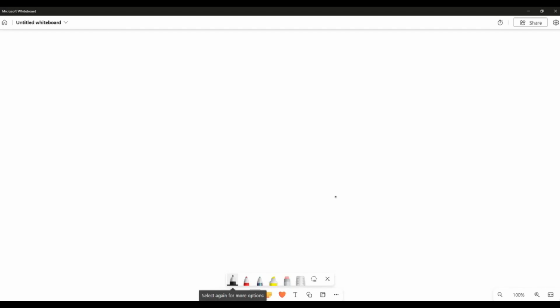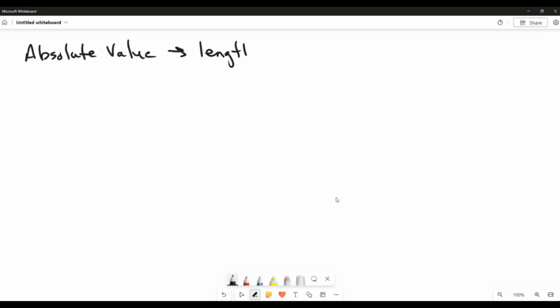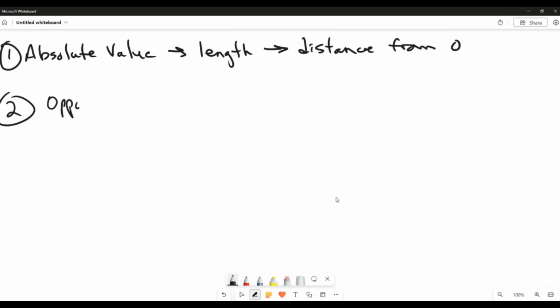On this sheet, it brings up something that's a little bit different. We've been talking about absolute value, and absolute value being length or distance from 0. How far away something is from 0 on the number line. But that's completely different from opposites.